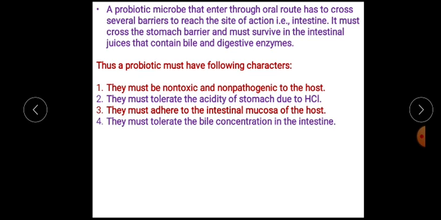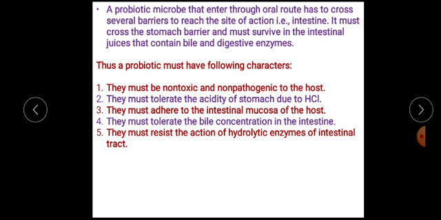They must tolerate the bile concentration in the intestine. When food enters the intestine, it will stay there for approximately 1.5 to 2.5 hours. Till the food is digested, it is exposed to the bile present in the intestine, which is required for digestion. So these probiotic microorganisms should tolerate the concentration of bile for at least 1.5 hours.